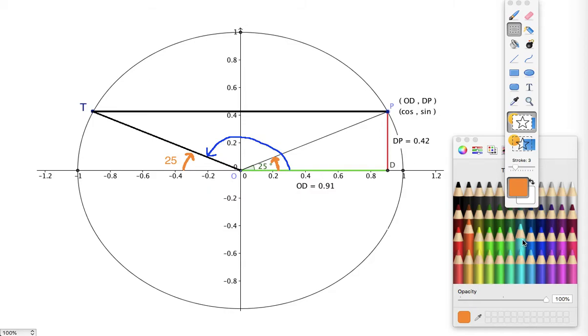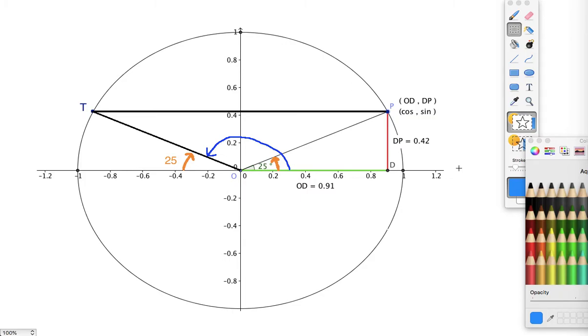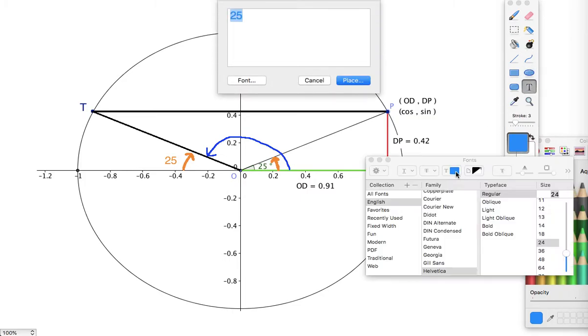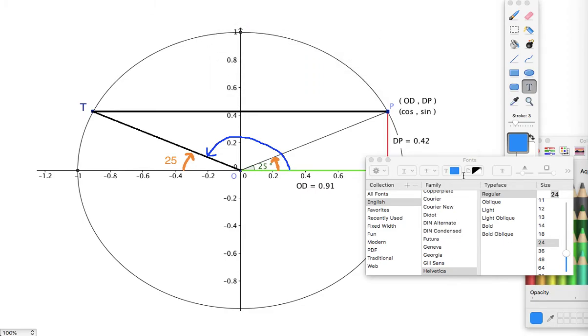And a quick reminder, this right here is 0 degrees.